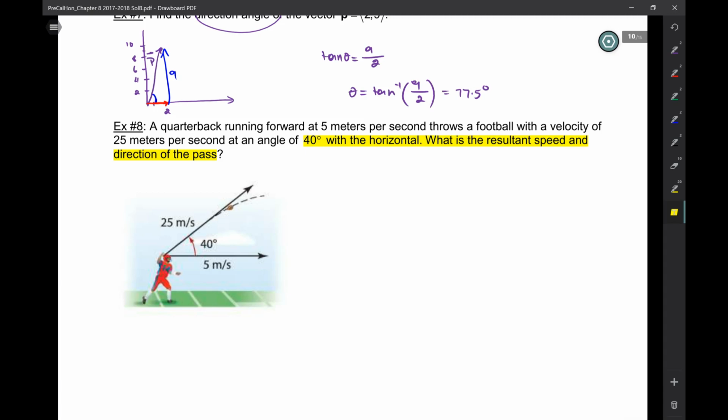How many vectors are at play here? We have one vector, the quarterback, he's moving forward 5 meters per second. So that's him. So we have 2. So that's one guy. So this is the quarterback Q. Okay? And then I have a second one. He throws the football with a velocity of 25 meters per second at an angle of 40 degrees.